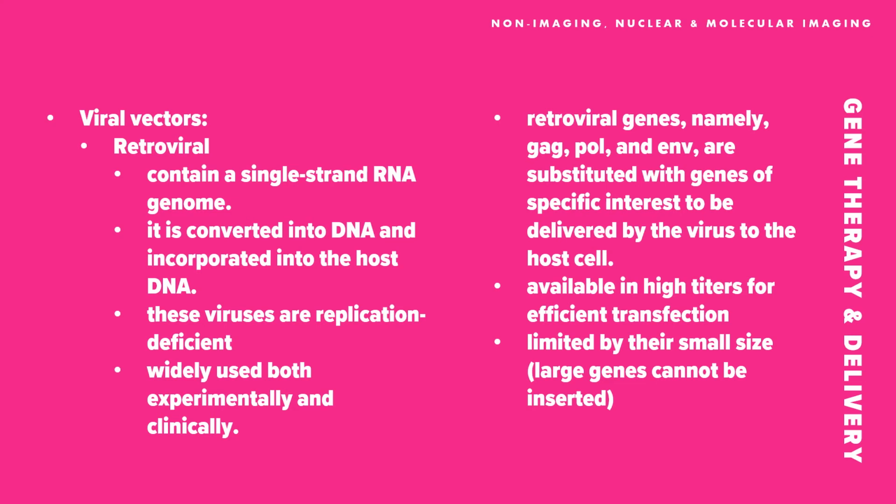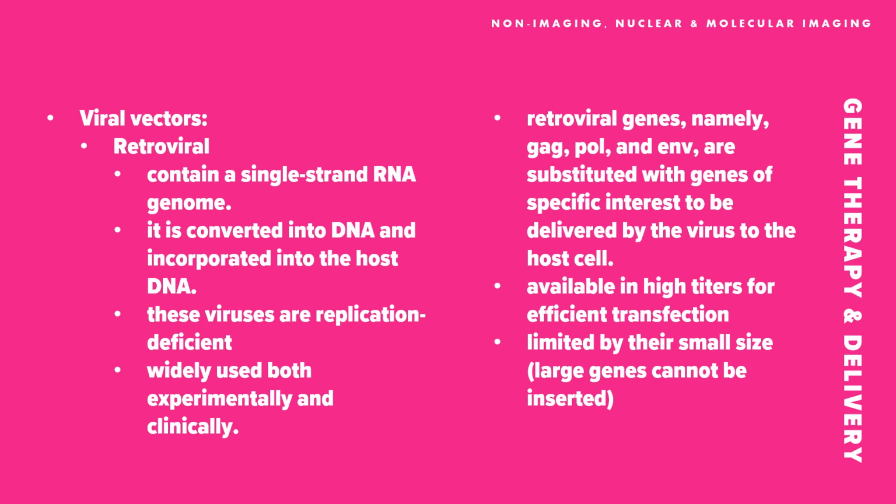Usually the retroviral genes are named GAG, POL, and ENV. You replace these genes with your specific gene of interest to be delivered by the virus to the host cell. They can also be easily made in the laboratory.